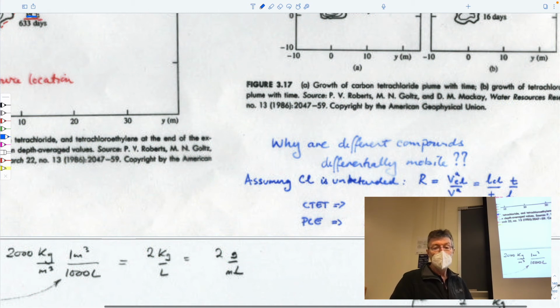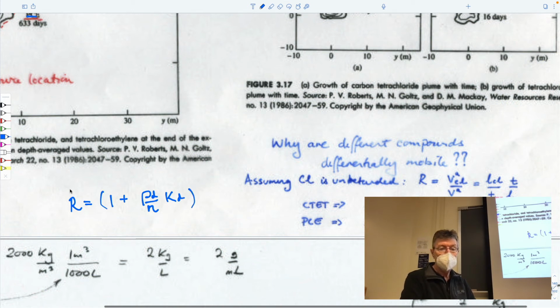And those define the magnitudes of retardation. And so what we could do from this, if we wanted to, is since we know that retardation is equal to 1 plus the density of the aquifer divided by its saturated porosity, multiplied by Kd.